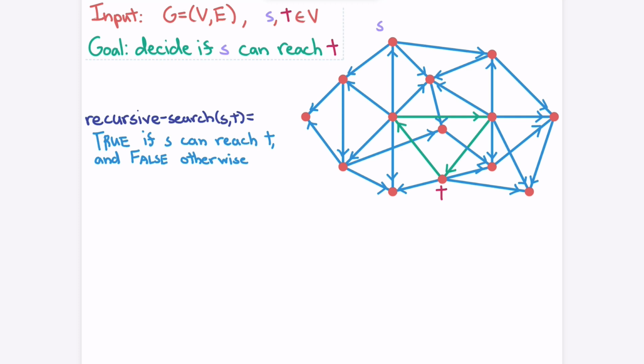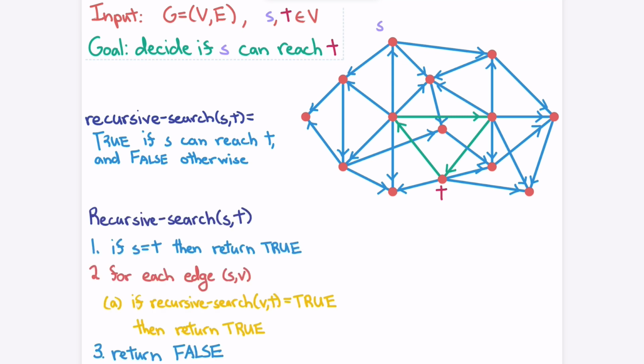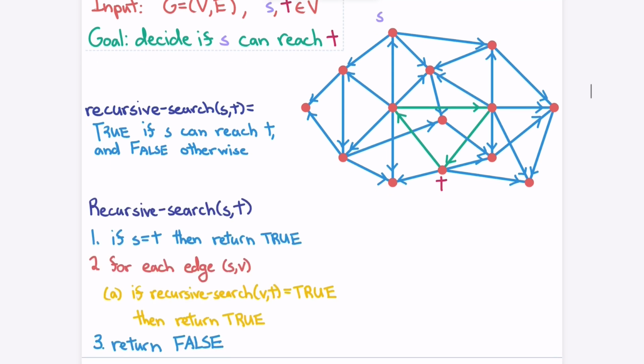Okay, and now if we want to implement this, maybe here's a possibility, right? If S is already T, then we just return true.